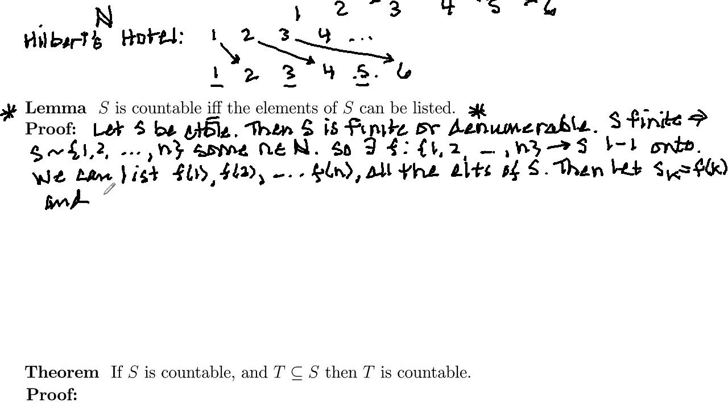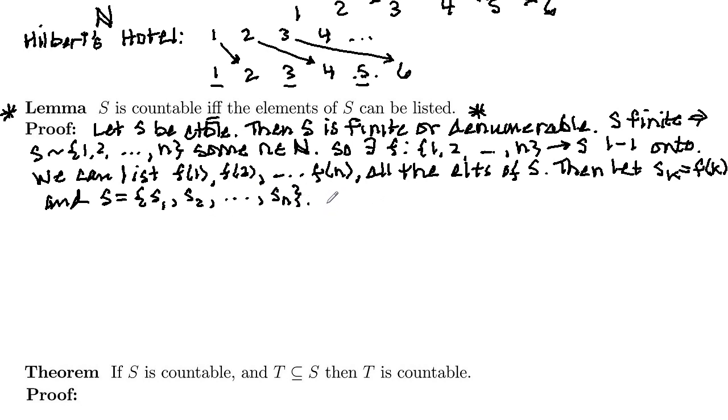And then that means that we can list our set. S is just going to be the set S1, which is f of 1, S2, f of 2, all the way up to S sub n, which is f of n. So we can list the elements. So that's the finite case.